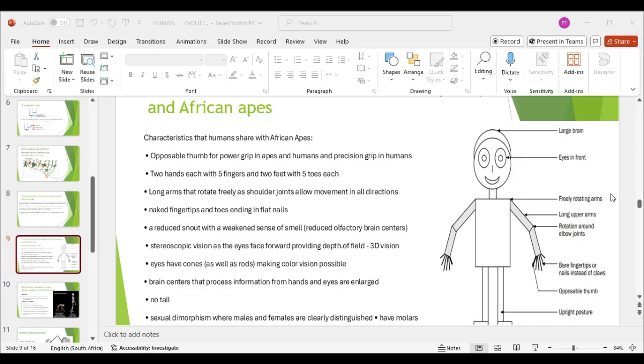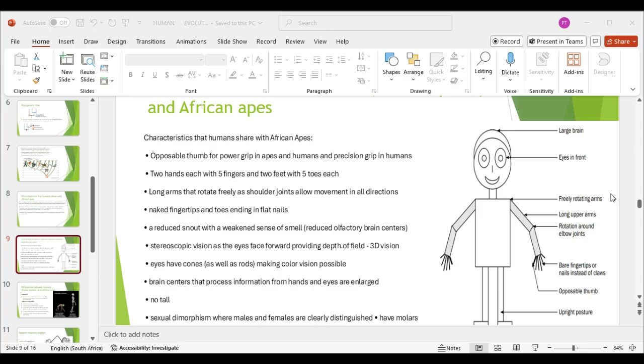A reduced snout with a weaker sense of smell, reduced olfactory brain centers. Then the stereoscopic vision, as the eyes face forward, providing depth of field for 3D vision.